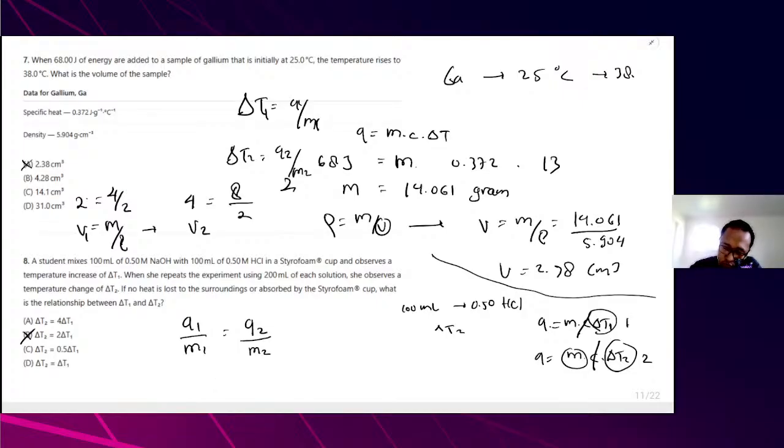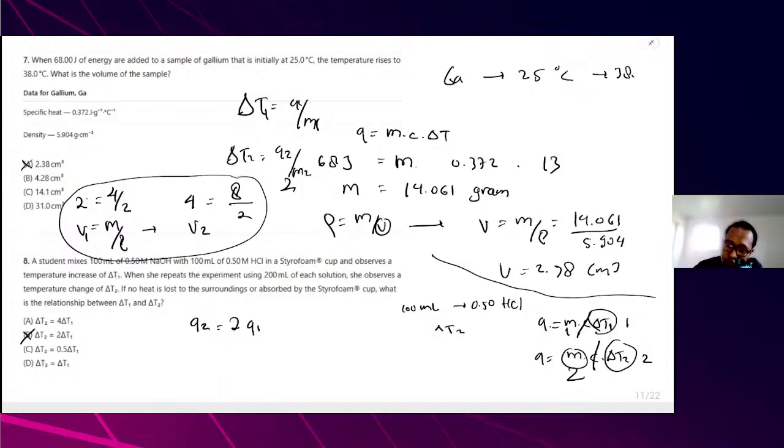Why am I confused? So Q2 will be double Q1, because like I mentioned, it should be 2. Just assume the first one is 1 and the other one is 2, based on this illustration.